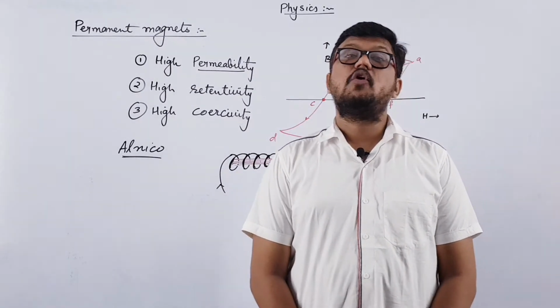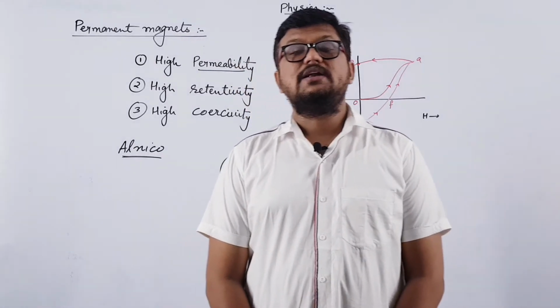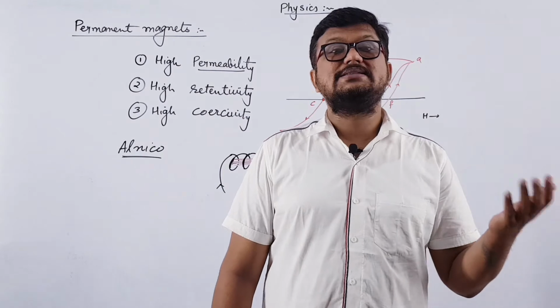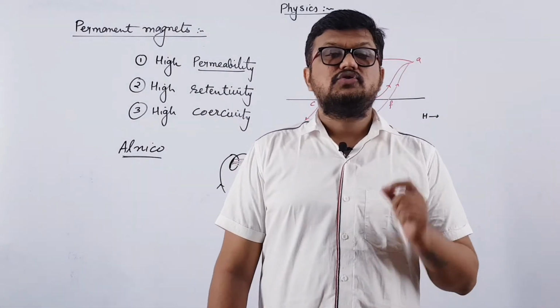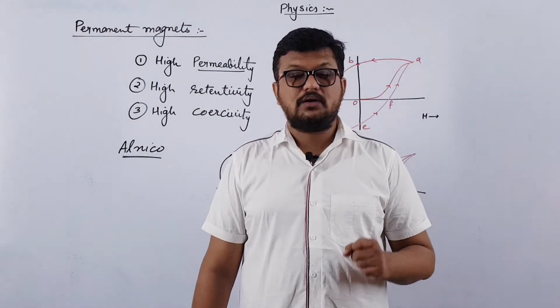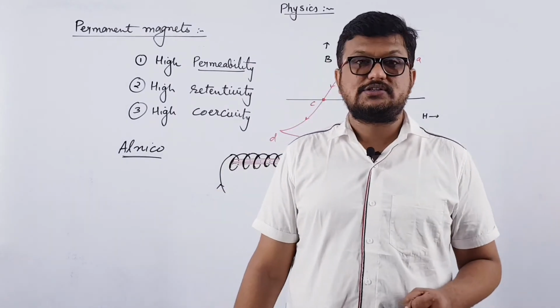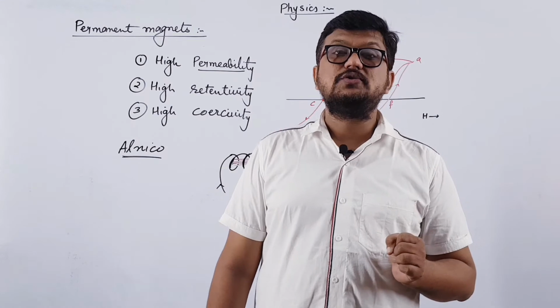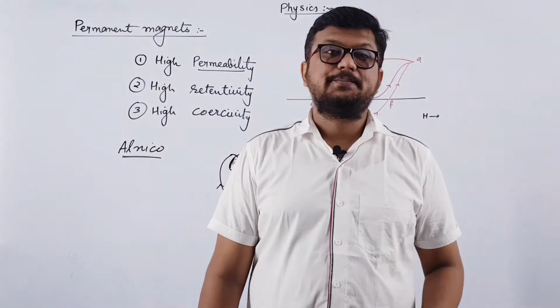There will be some loss of energy. The energy which you are supplying and the energy which you are getting as the output will always be less than the input energy. So there is some loss of energy due to magnetization and demagnetization of material, as well as eddy current is produced, then according to Joule's heat, there will be energy loss, right?